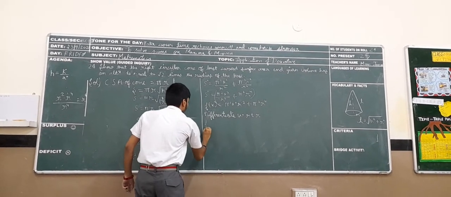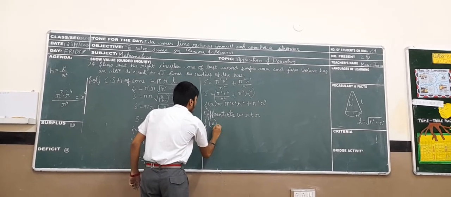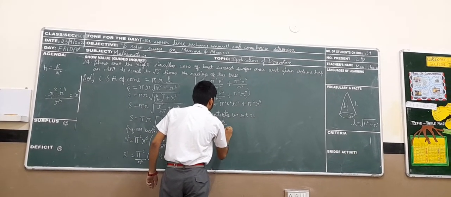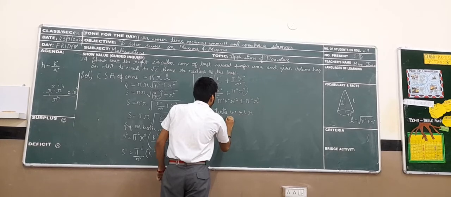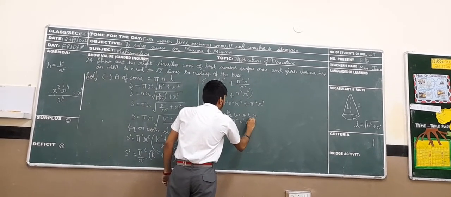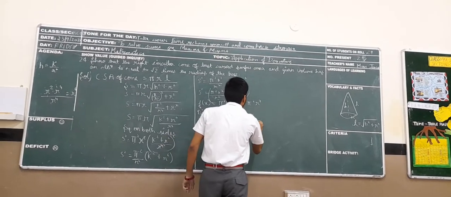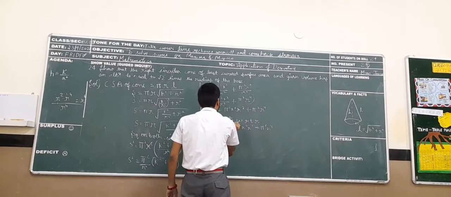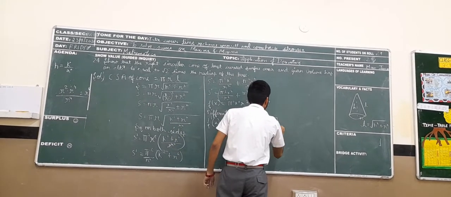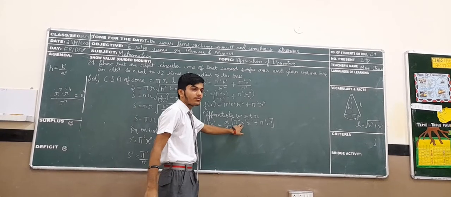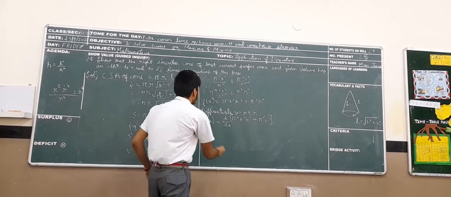So for differentiation we will do d by dx of this whole term, pi square k square r to the power minus 2 plus pi square r to the power of 4. Now as we know that pi square and k square, these both terms are constant, so they will come out.